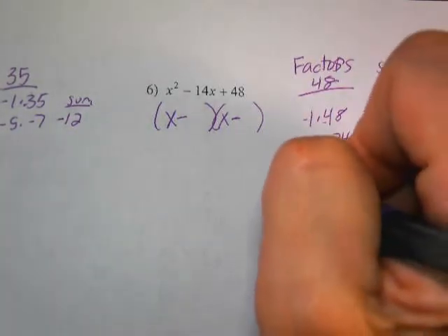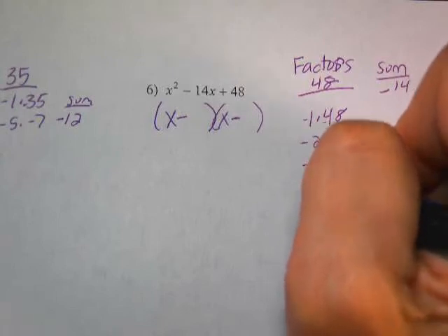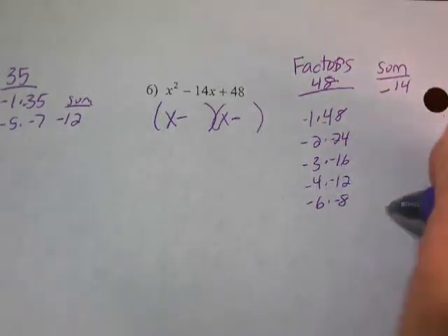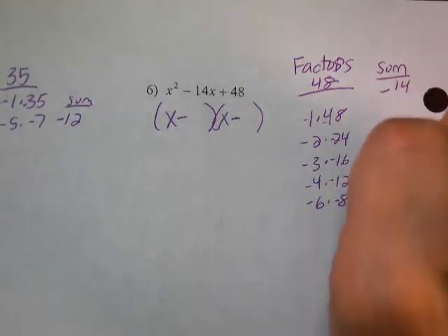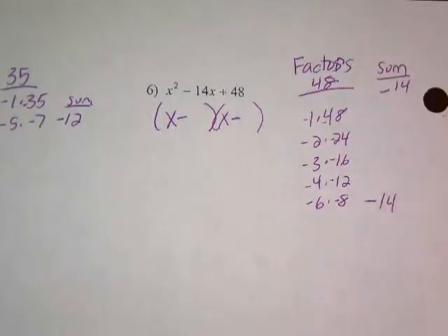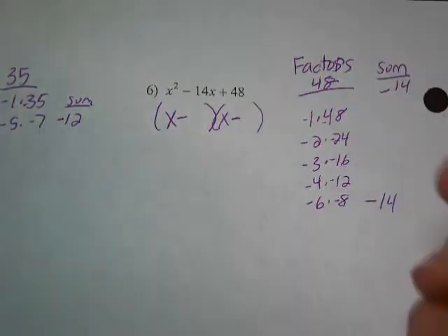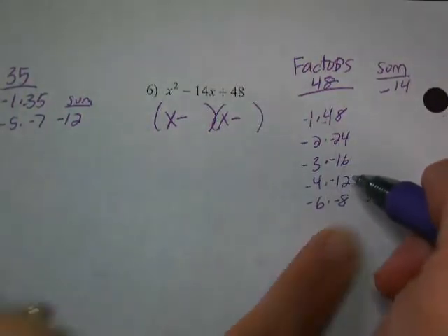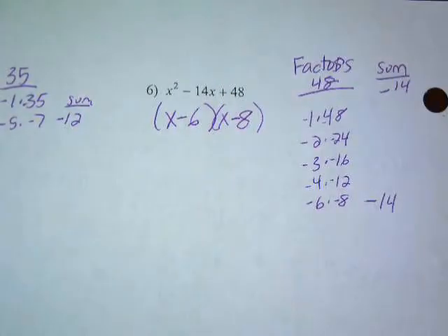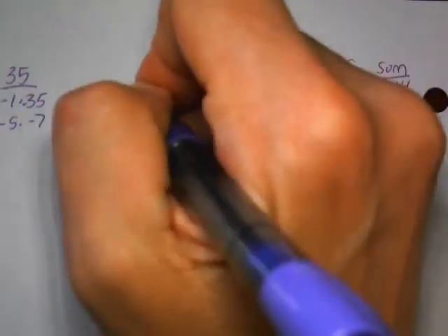Negative 6 times negative 8. Look at that, that's working for me. So negative 6 minus 8 is negative 14. Negative 6 times negative 8 is positive 48. So we have 6 and 8. I already have my negative signs in. They both need to be negative, and we're done.